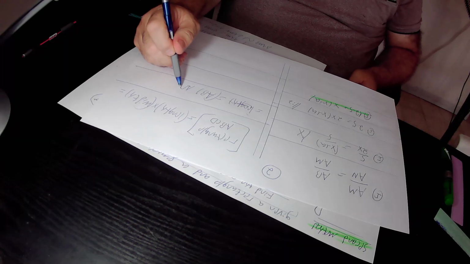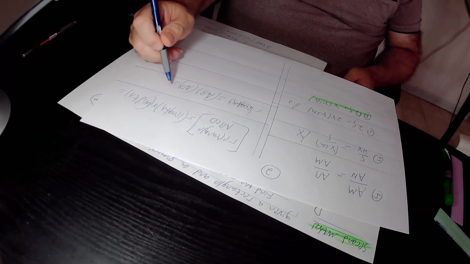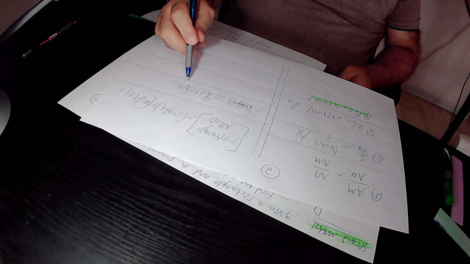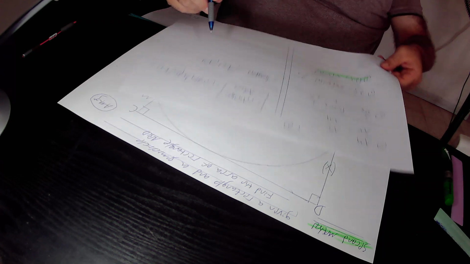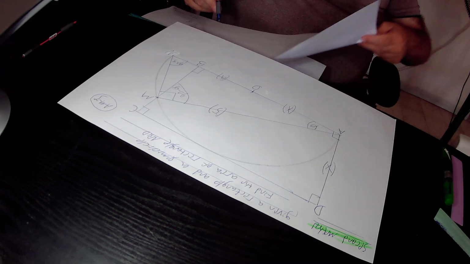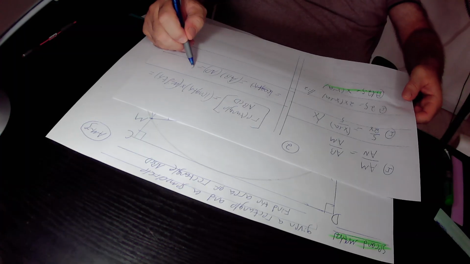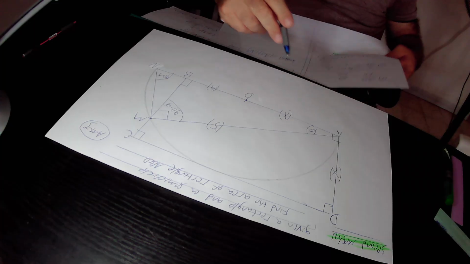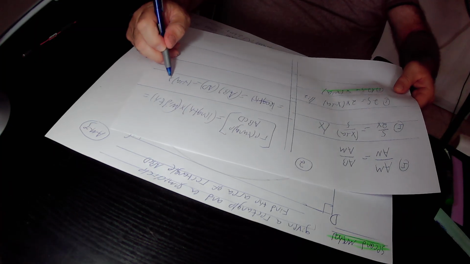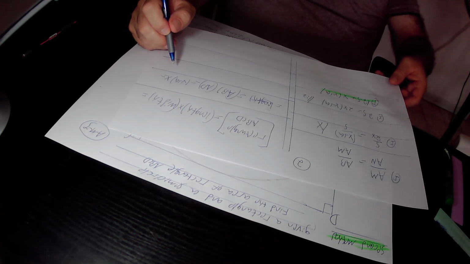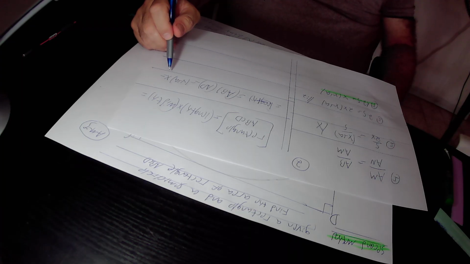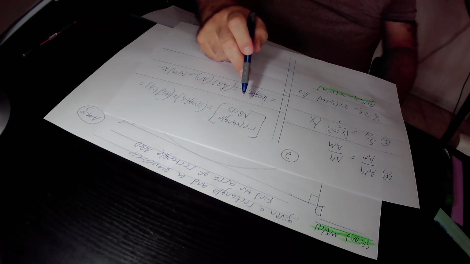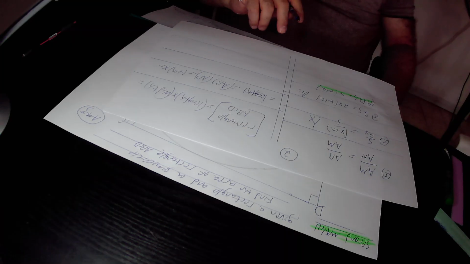So in total, the area of rectangle ABCD equals the length AB times the width AD. AB equals x plus A, times AD. AD equals x. So the area of rectangle ABCD equals x plus A times x.